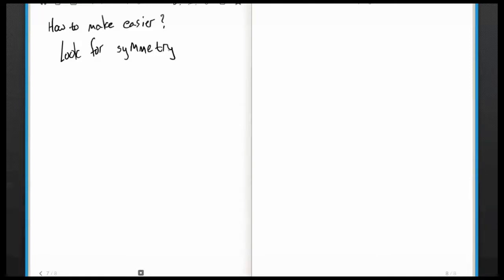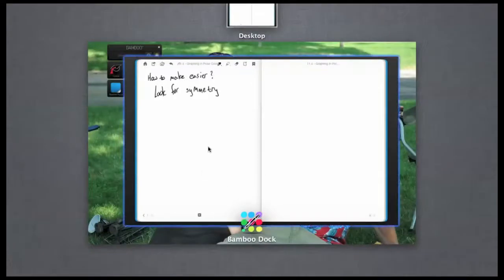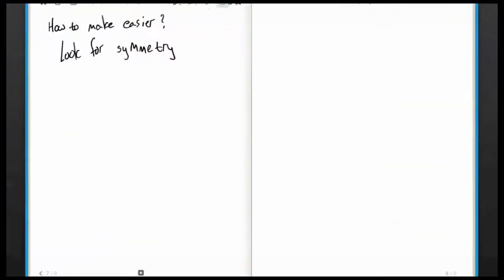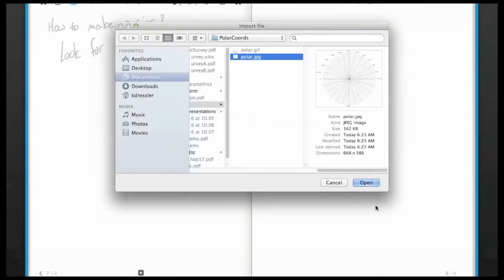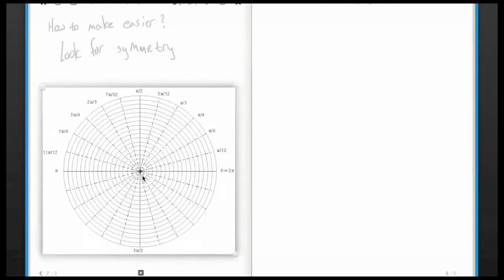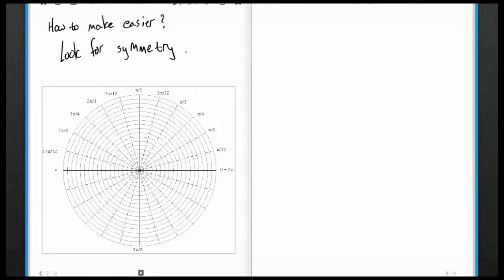All right. Now, I'm going to insert another one of these polar graphs just because it's going to help you keep track of the stuff I'm going to tell you.